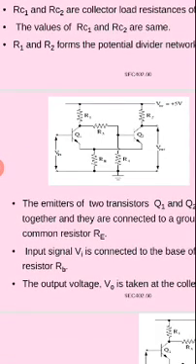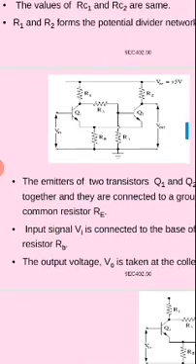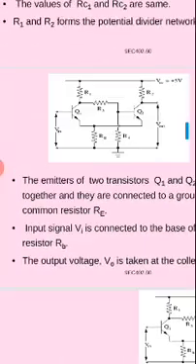The emitters of the two transistors Q1 and Q2 are connected together and they are connected to ground through a common resistor Re.